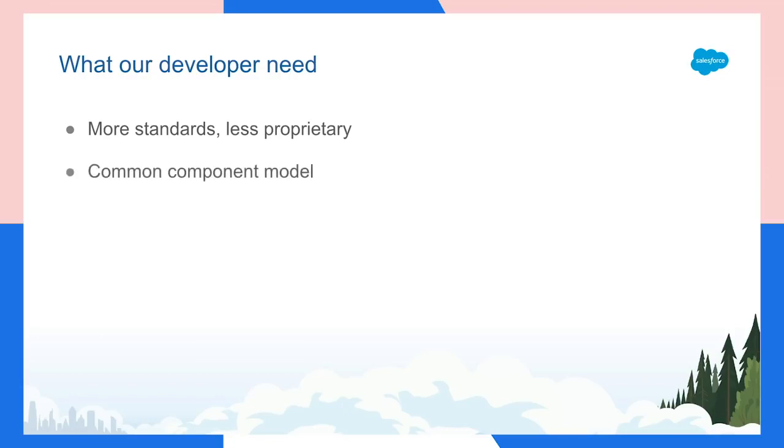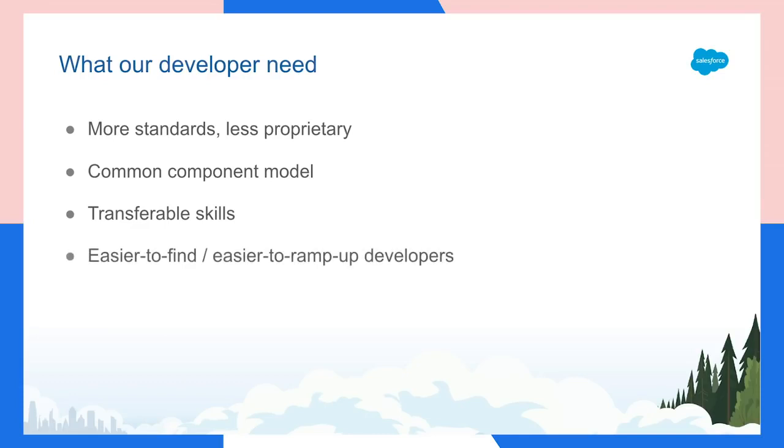They also want a common component model, so if they want to customize different applications in our system, they should be able to use the same process. They want to be able to find people that can help them. Finding a Salesforce developer is very difficult. Finding a web developer is easier. And they want to use the standard tools. They don't want to be forced to use a particular set of tools.